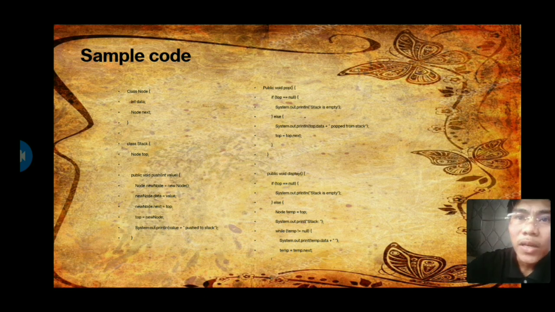Then in the display part, public void display, this prints all the values in the stack. If the stack is empty, print that the stack is empty; else loop through all nodes and print the values.